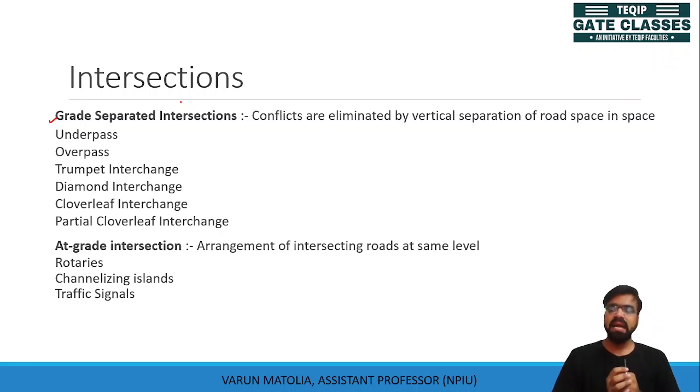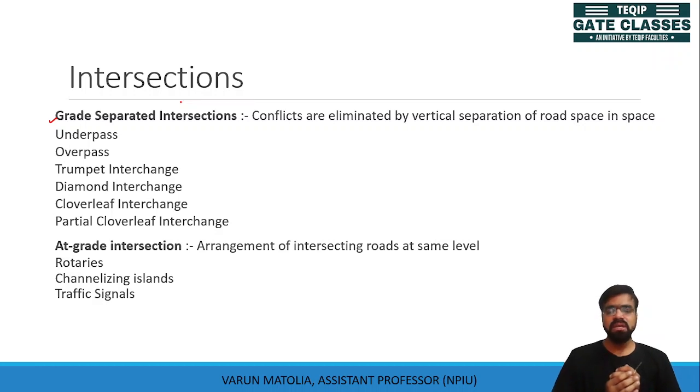There are examples of rotaries, which you call roundabouts. There are channelizing islands which try to channelize your traffic in such a way that there is no conflict point. Then there are traffic signals which will try to move the traffic in such a way that there is a reduction of traffic conflict points.